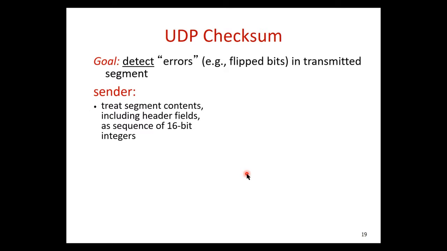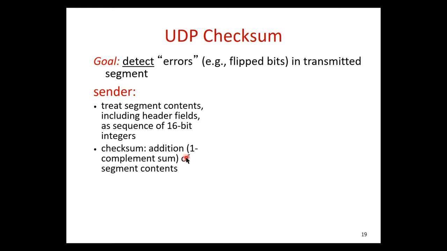How does the sender calculate the UDP checksum? It will look at the whole segment, including the header, and treat the segment as a sequence of 16-bit integers, because the segment is a bunch of bits, so I can split it into chunks of 16 bits. Each 16-bit chunk is read as a 16-bit integer.